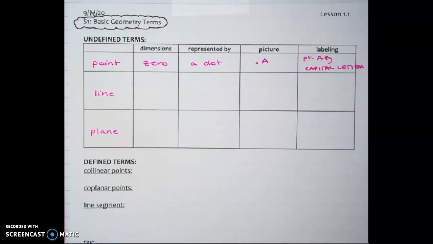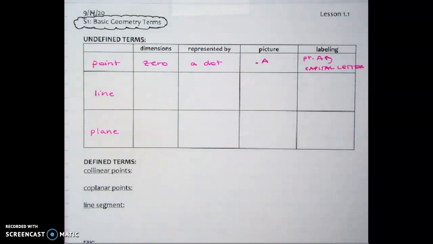So this is one of those really picky things. If you don't label your point with a capital letter, if you put like a number or a lowercase letter, it is actually wrong. Okay, so we're going to get in this habit, and it will form quickly, but just want to be clear.